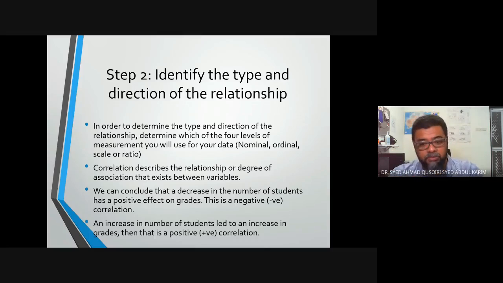But in this observation, it is a negative correlation. If an increase in number of students led to an increase in grades, that would be a positive correlation, but in this example, it is a negative correlation.